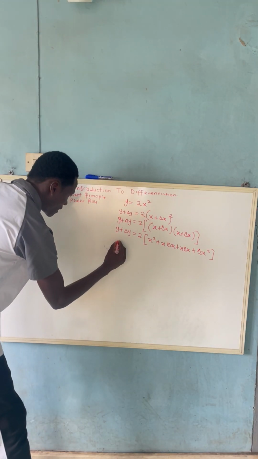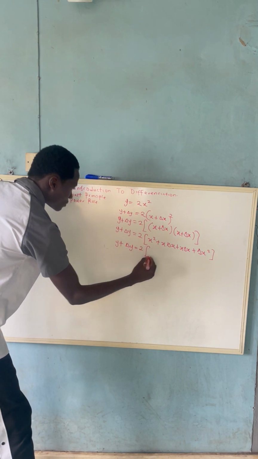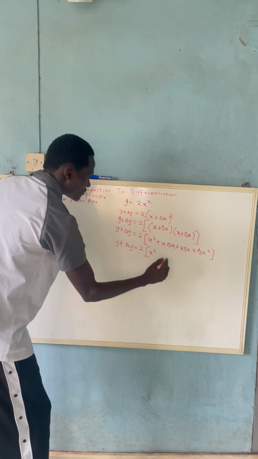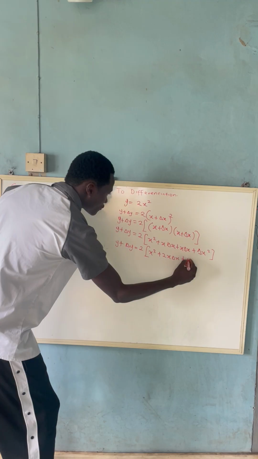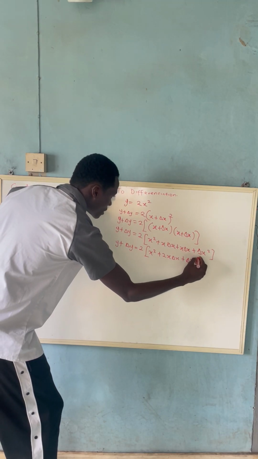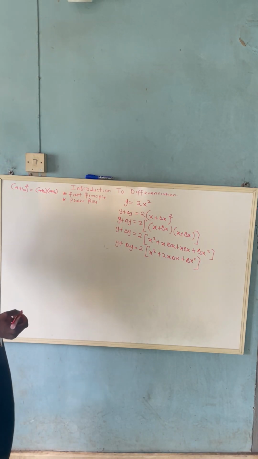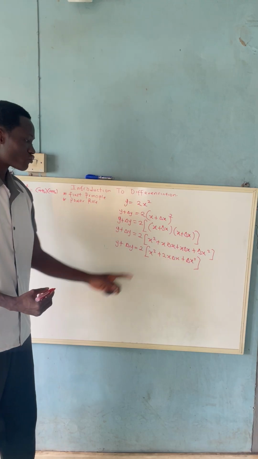So we are going to have y plus change in y is equal to 2 bracket x squared plus 2x change in x plus change in x squared. Mind you, it's change in x all squared. Now we can open up this bracket by multiplying all through by 2.